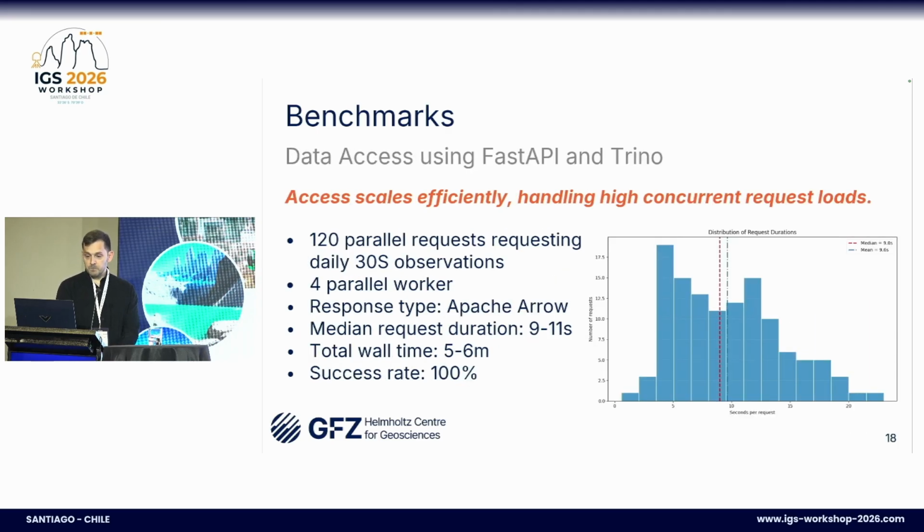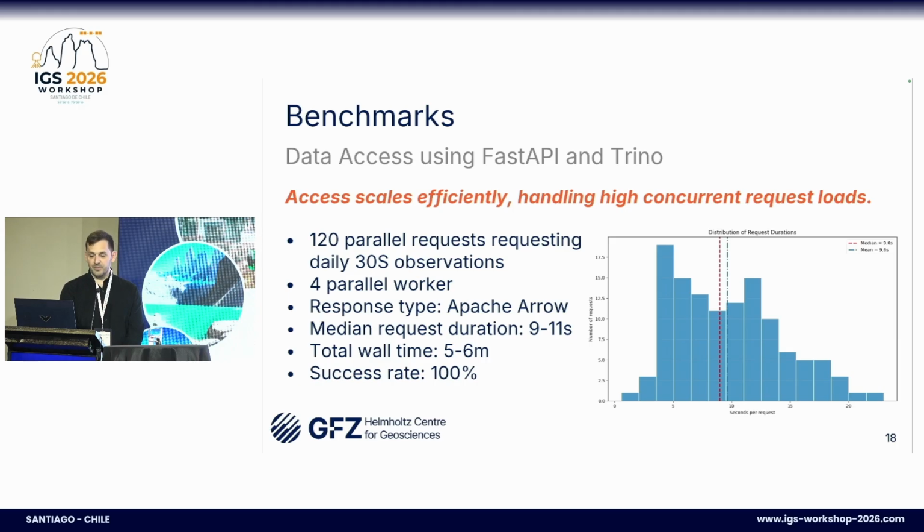All right. The other benchmark that we performed was a data access benchmark. So we're using FastAPI for our API and Trino as the query engine. And our benchmark test was here basically how the IGS analysis centers currently use the data.